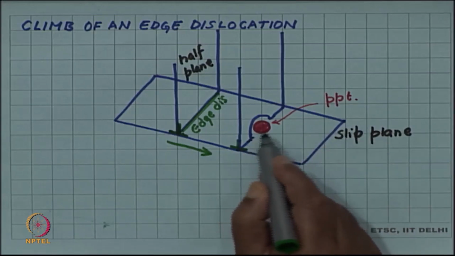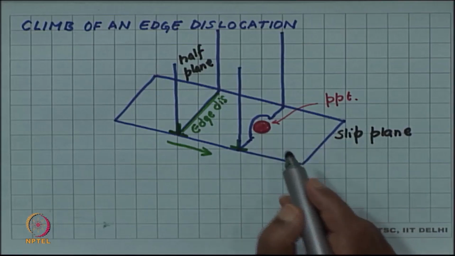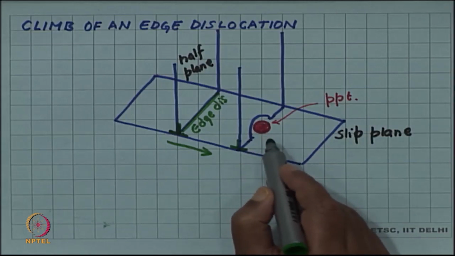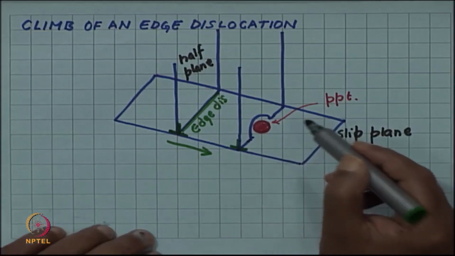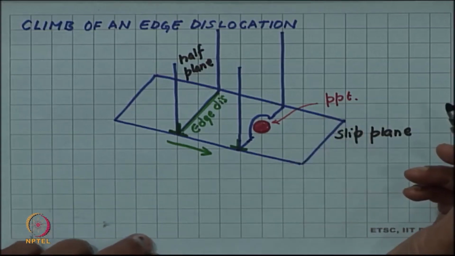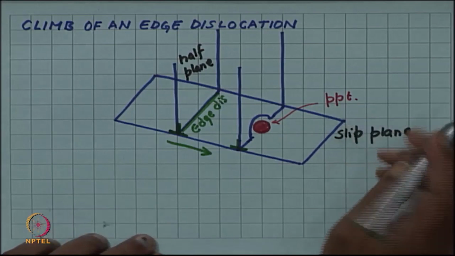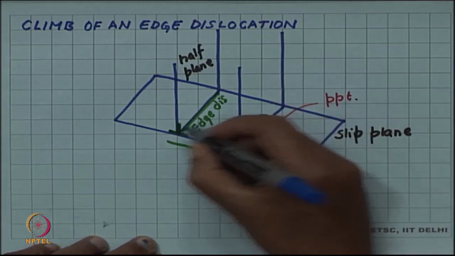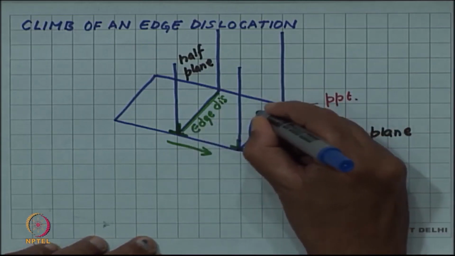Either the dislocation will have to cut through the precipitate, which also requires higher stress, or it can form a loop around the precipitate, which again needs higher stress. But if the temperature is high, like in case of creep deformation, then atoms at the bottom edge of the dislocation line can diffuse out.